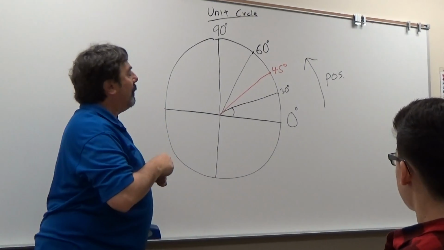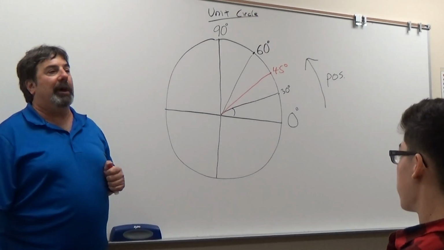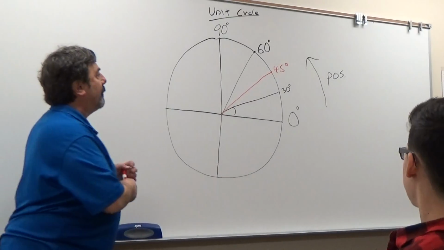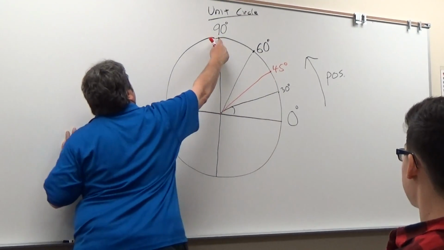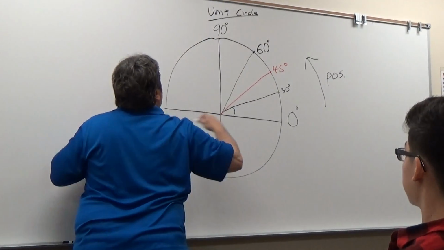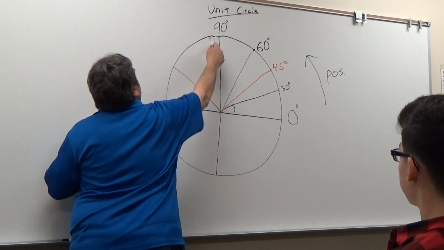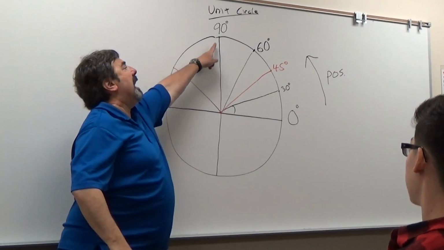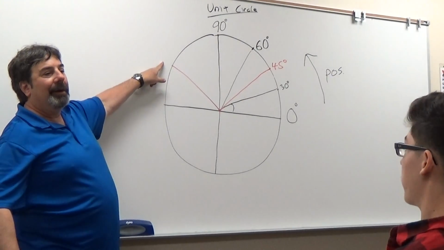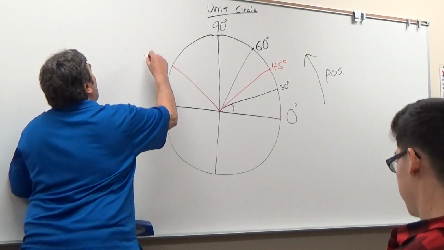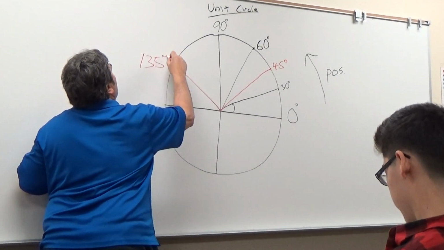So our unit circle is also going to be broken up in increments of 45 degrees. 45 degrees plus 45 is 90 degrees, plus 45 more degrees takes us to halfway, right? And that will be how much right there? 135 degrees. Very good. Yes, 135 degrees there.